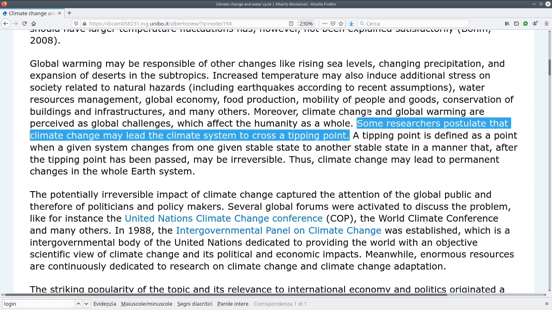So you see that there are several uncertainties in our knowledge of the climate system, and the Earth system in general. And this is a key principle that I want you to be aware of. So there is a lot of uncertainty in our comprehension of the climate system and the Earth system. And one very meaningful example is what I just said.